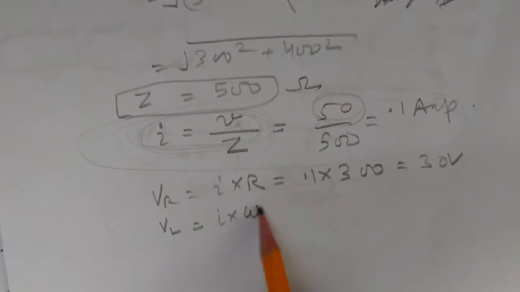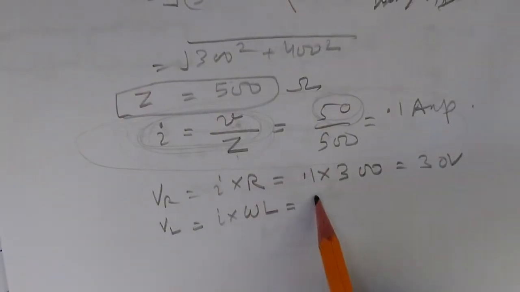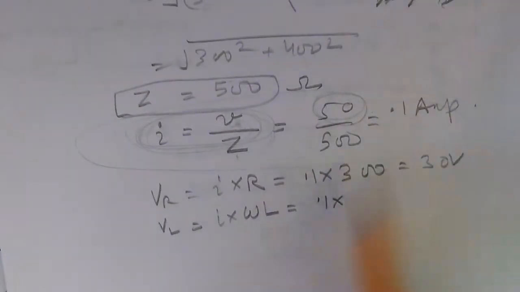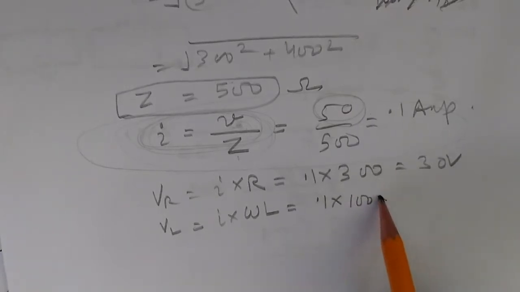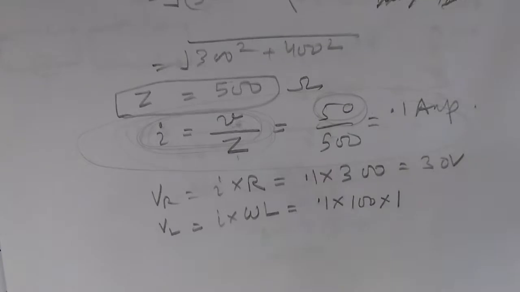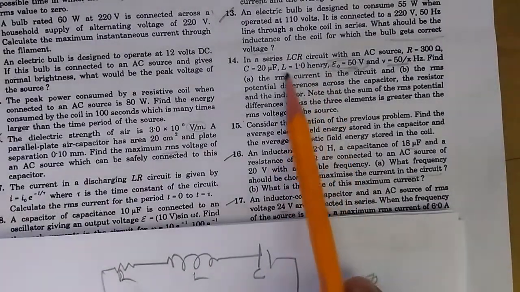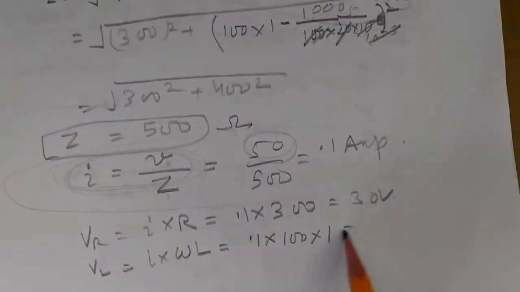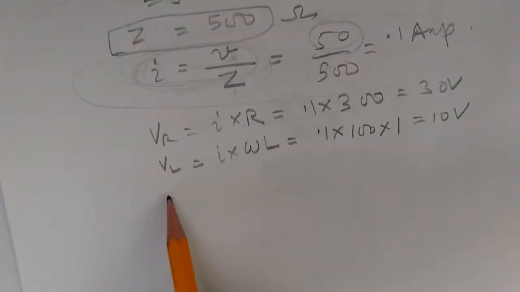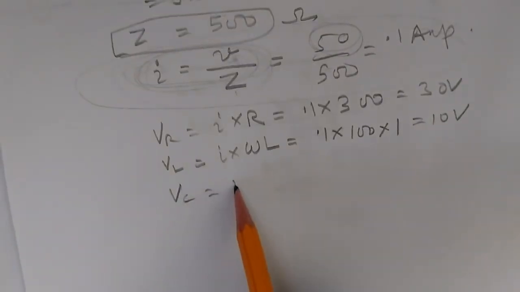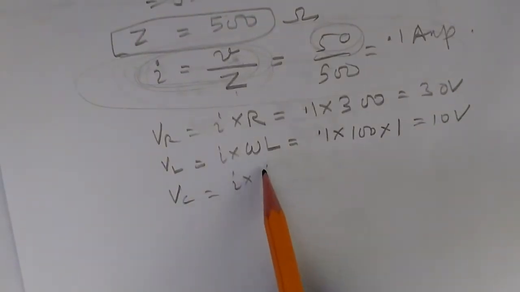XL is omega L, so 0.1 times omega, which we know is 100, and the inductor is given as 1 henry. So this will be equal to 10 volt.